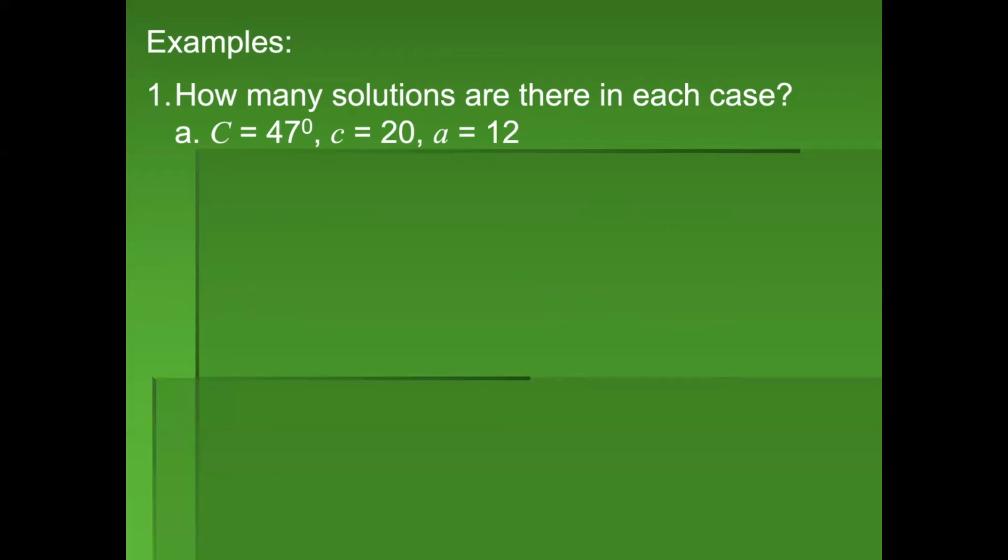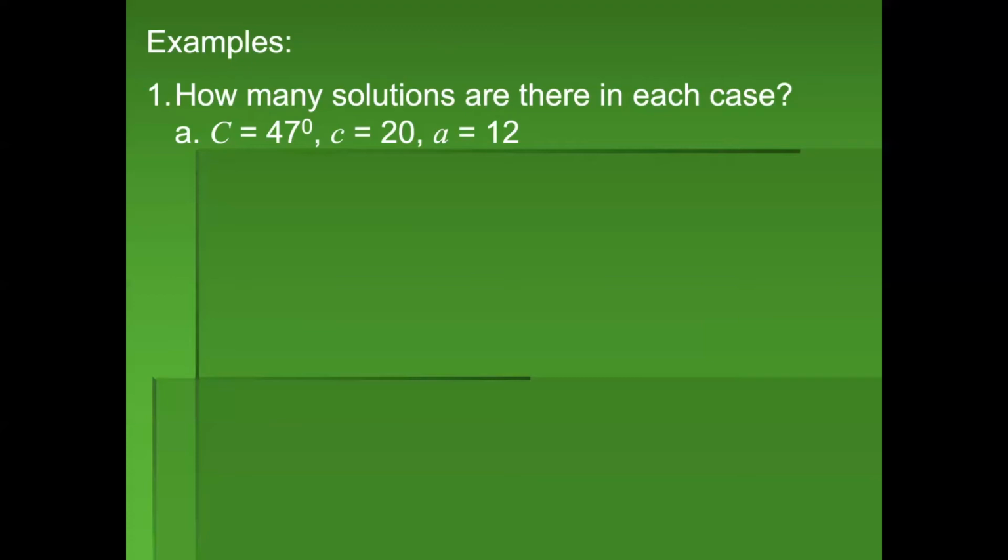So here, the given value of an angle is 47 degrees, side C is 20, and side A is 12. In this given, the given angle is angle C, which is 47. So automatically, the opposite side of angle C is side C, which is 20.